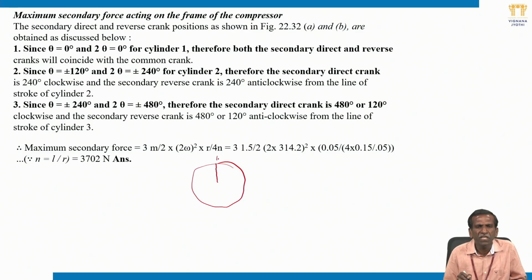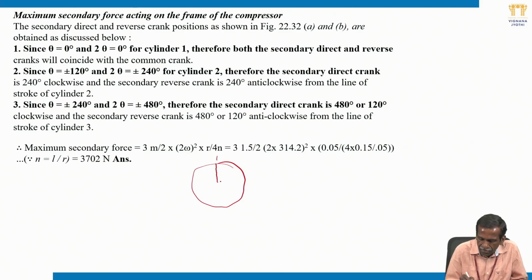Then coming to the second one, theta is plus 120 for the primary or direct crank. Then 2 theta means 2 into 120, which is 240. Initially the second crank is here, and from here it goes 240 clockwise.